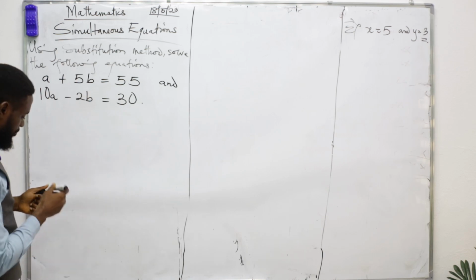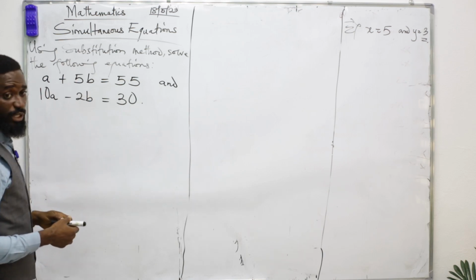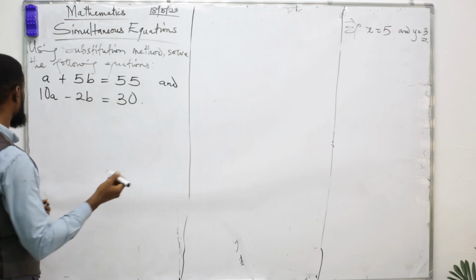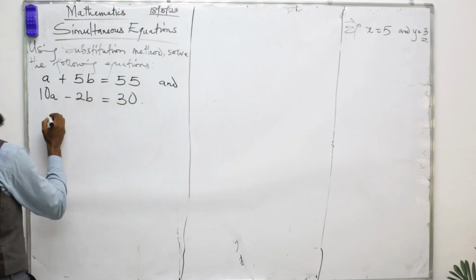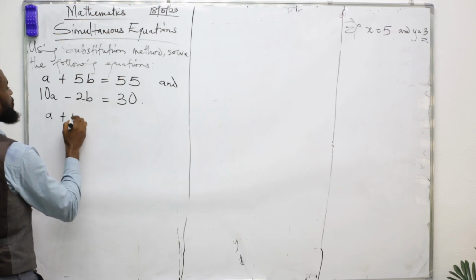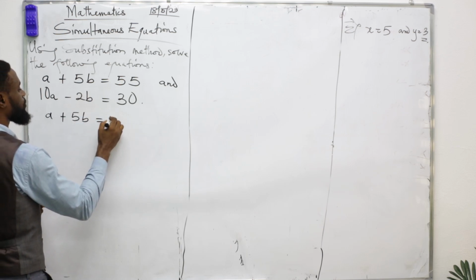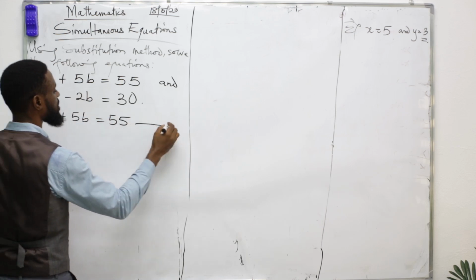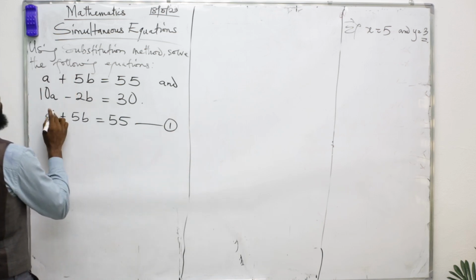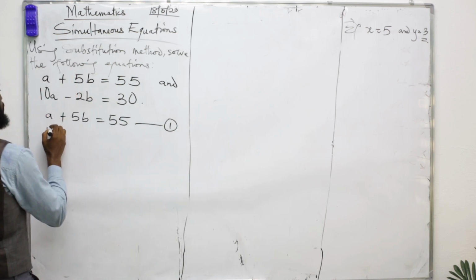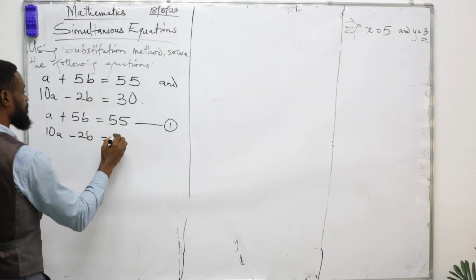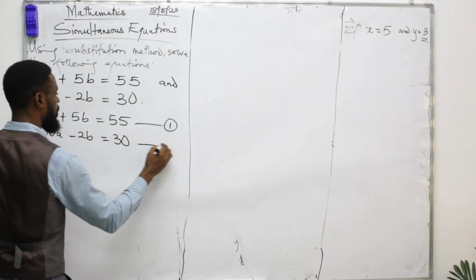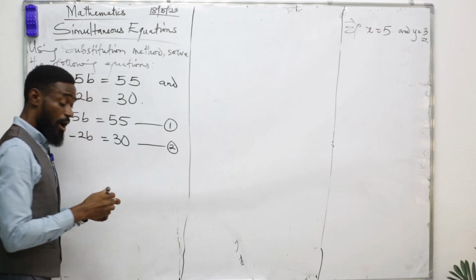These are the equations they want us to solve. So the first thing we do is name the equations. We have A plus 5B is equal to 55 as our equation 1. Then 10A minus 2B is equal to 30, our equation 2. Now, listen to me.